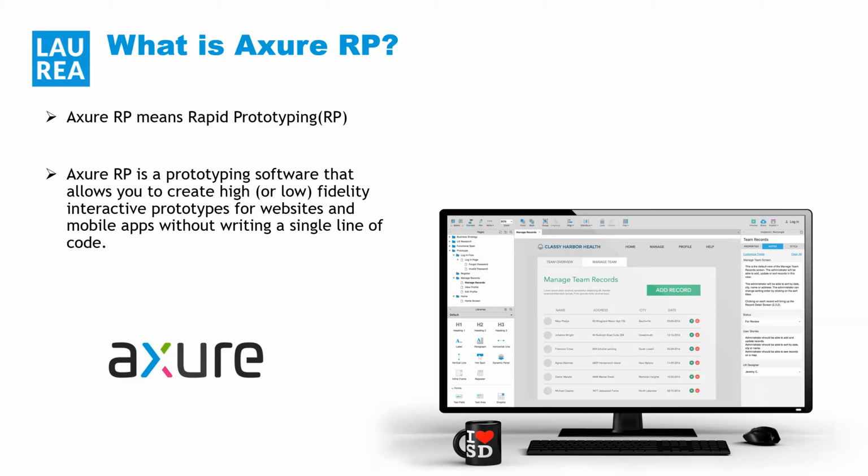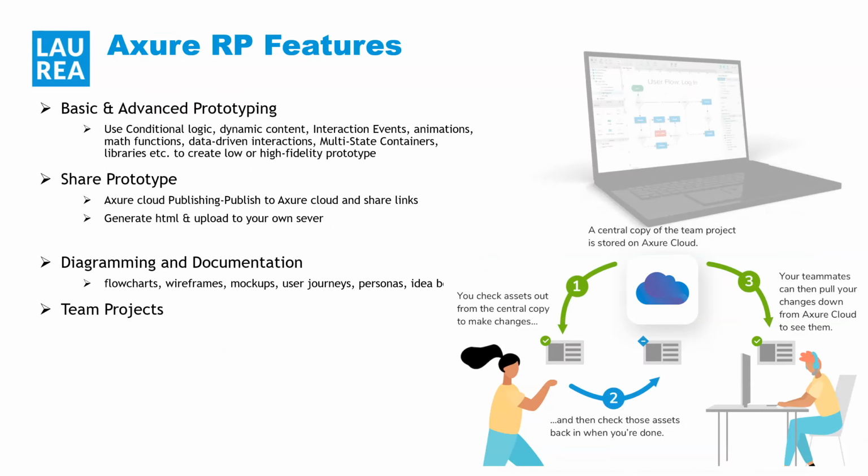For example, if you need to put 3 actions on a button, most prototyping tools might not be able to do that. But with Axure RP, you can put multiple actions on one element or widget.